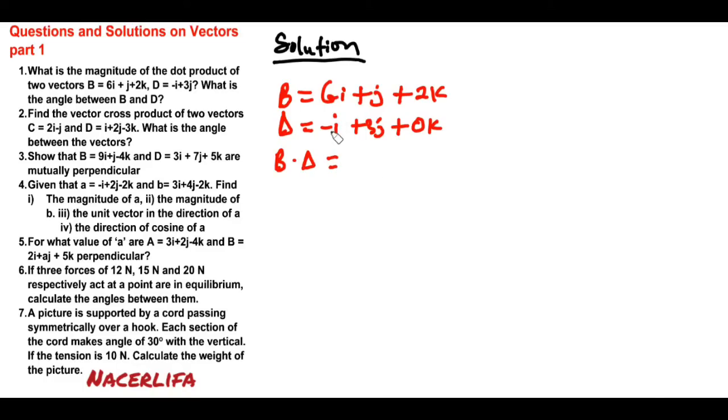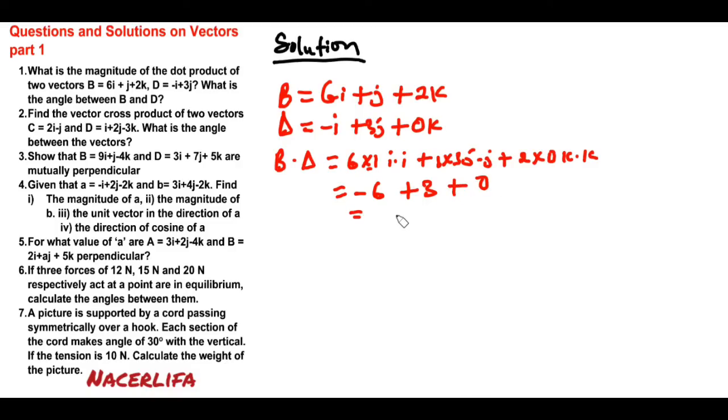So 6 times minus 1, i dot i, plus 1 times 3, j dot j, plus 2 times 0, k dot k. So this will now be minus 6, since i dot i is 1, plus 1 times 3 is 3 because j dot j is 1, and this is 0.